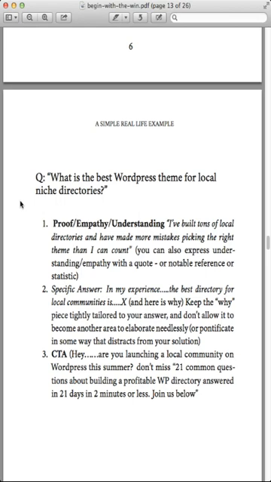You can also express understanding and empathy through a quote or a notable reference, such as, 79% of aspiring directory builders never launch because they haven't found the right directory, or picking the wrong directory can torpedo or sabotage even the smartest, most skillful community builder, by dint again of choosing the wrong plugin or framework or set of tools.